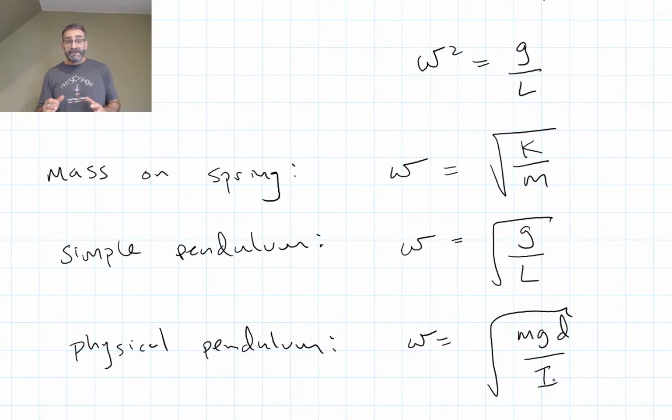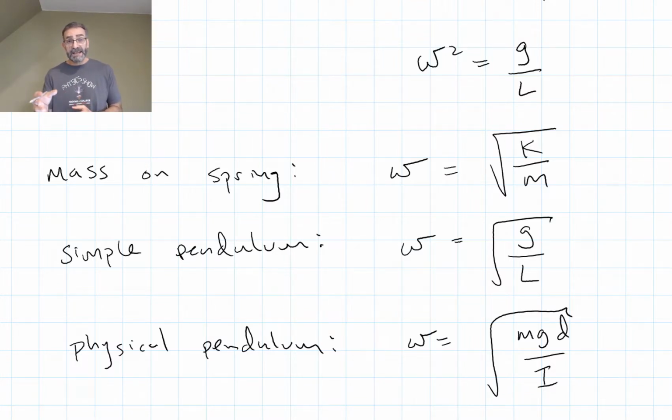Just to review, anytime our restoring force is proportional to the displacement, we get simple harmonic motion. That means the second derivative of our position as a function of time will give us negative a constant times our function again. So any sine or cosine function would work to describe that motion. And what is omega? Well, omega squared is equal to the constant that we get when we take two derivatives.